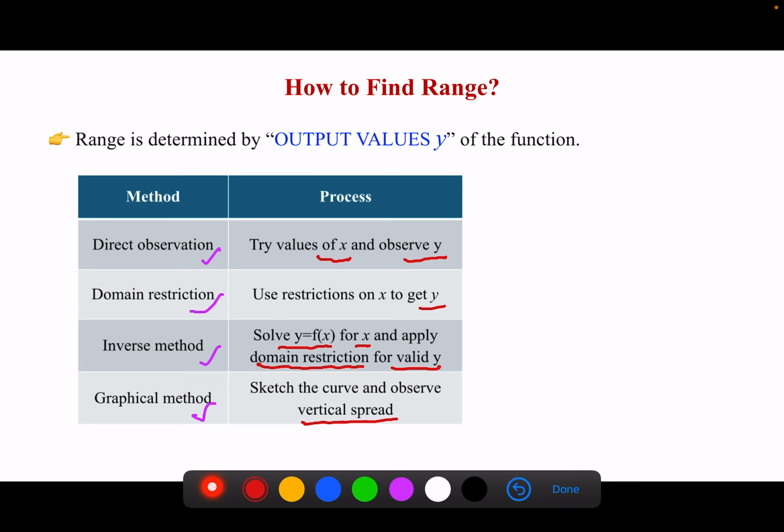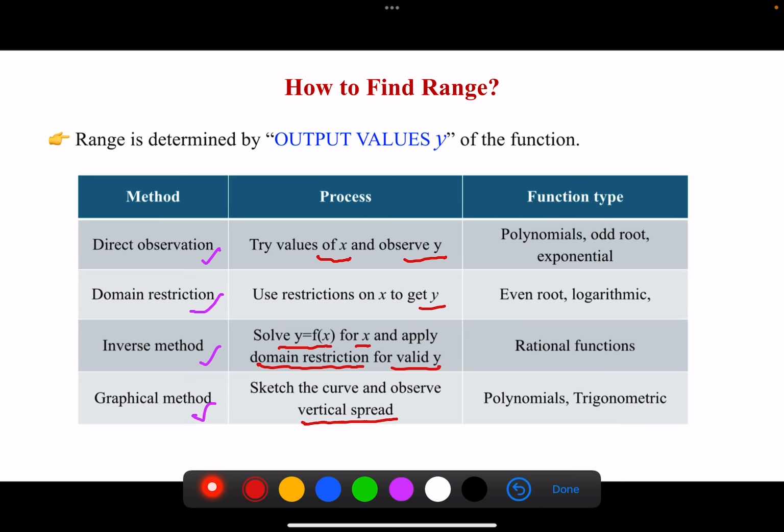Other important question is which method for which function. So for polynomial, we can use direct observation method or we can also use graphical method if you can draw the graph easily. For rational functions, inverse method works best.